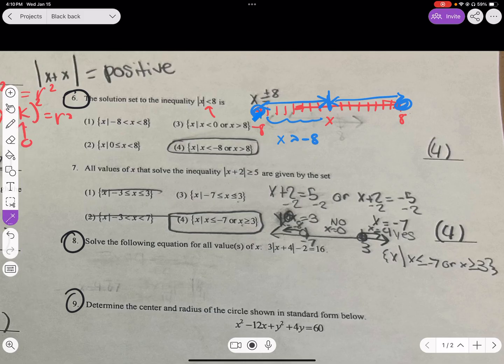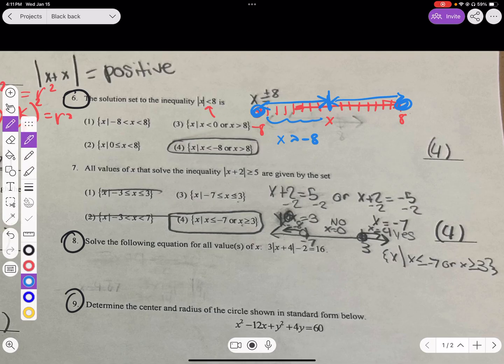Because if I'm greater than this -8 over here, then my distance from this number I don't know, x, is less than 8. Right? And then if my number is over here, this distance here, this is exactly 8 units away. This is 7, 6 units away, 5. These are the distances that are less than 8 units away.